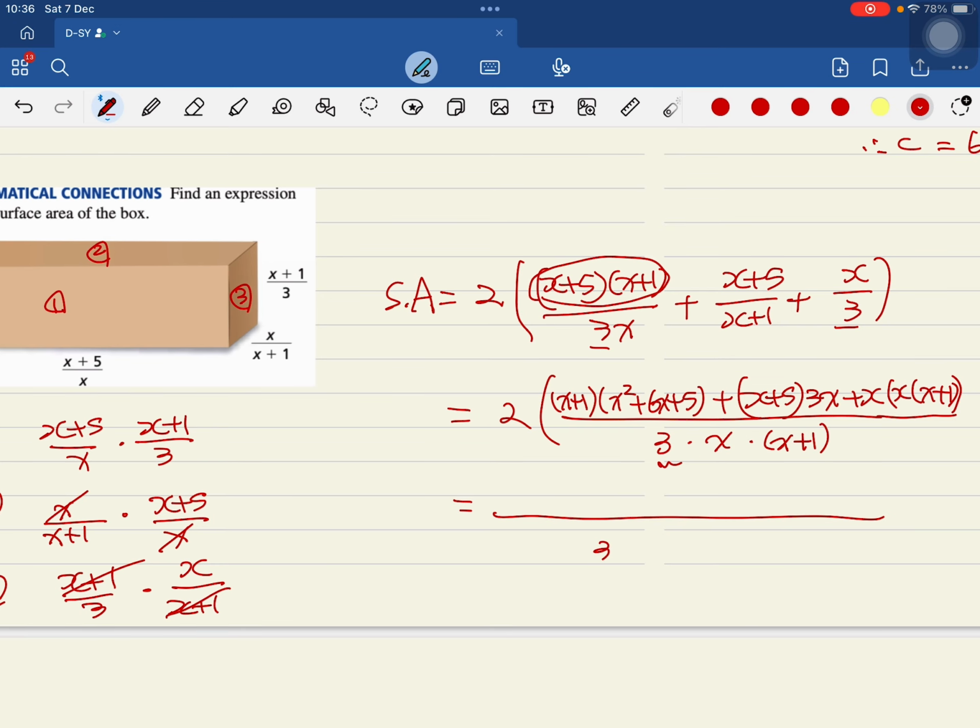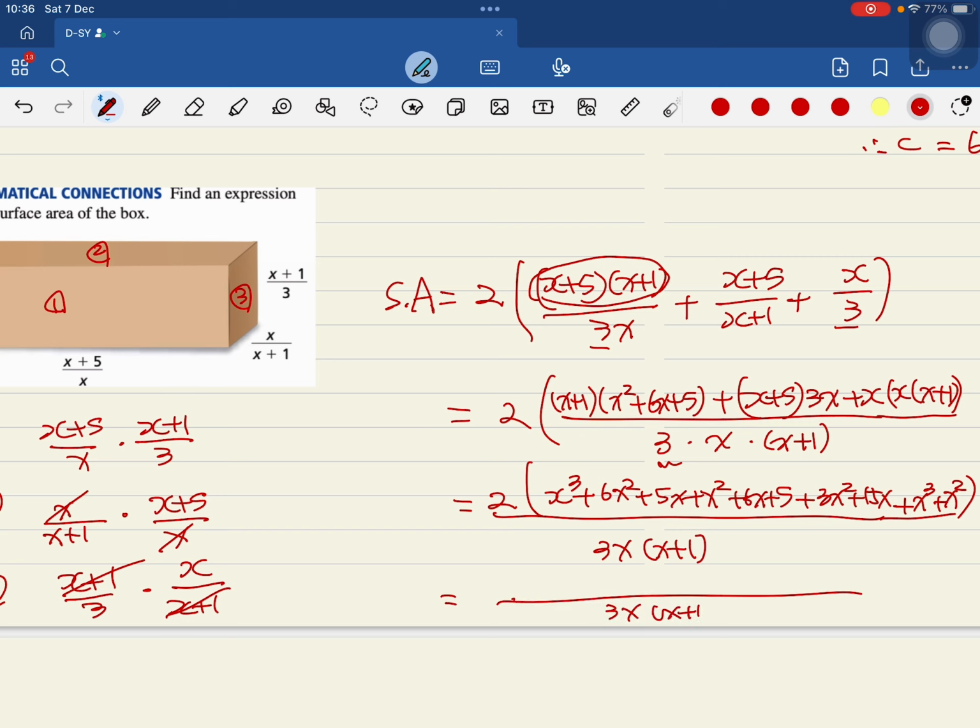So 3x(x plus 1) in the denominator, and 2 times: x cubed, 6x squared plus 5x, plus x squared, 6x plus 5, plus 3x squared plus 15x, plus x cubed plus x squared.